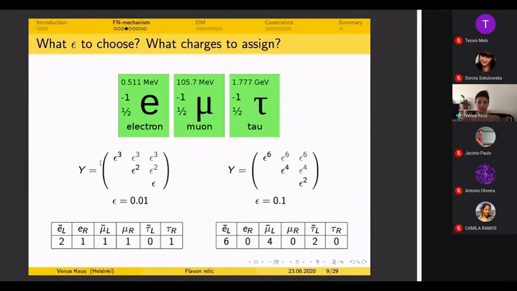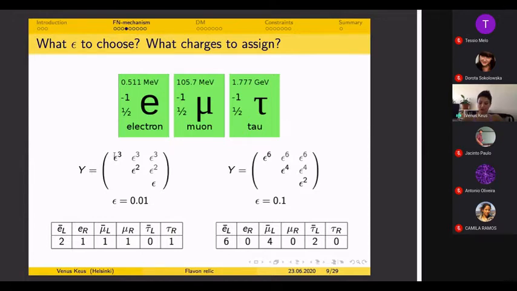That means the charges that you give to your standard model fermions would have to come together in such a way that your Yukawa matrix actually gives the correct observed masses for these charged leptons.